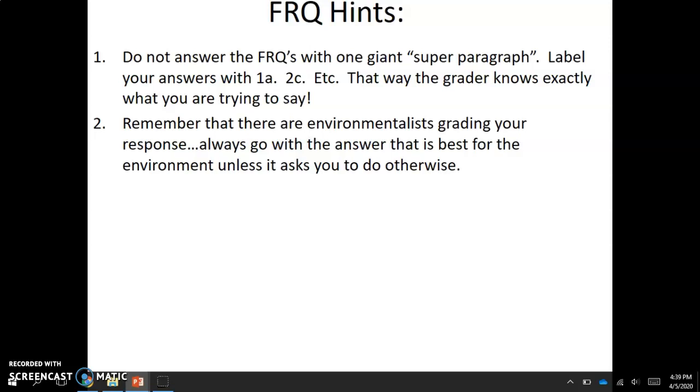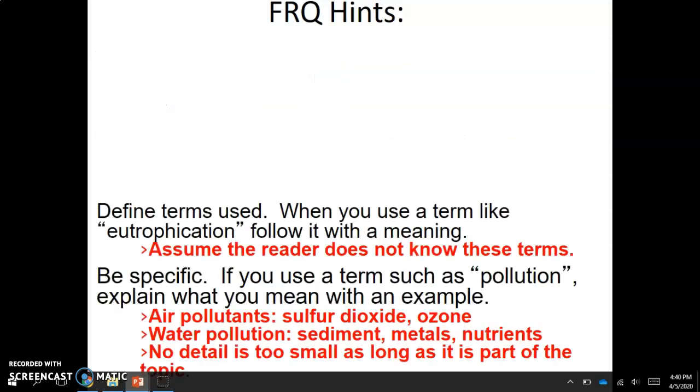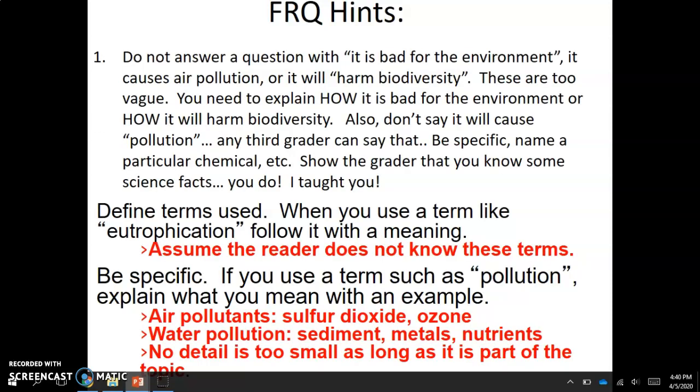Remember that the people that are going to be grading this are environmentalists. They're environmental teachers. They are all AP teachers. So go with the answer that's best for the environment unless it asks you to do otherwise. Don't answer a question vaguely, okay? So don't say, oh, it's bad for the environment or it's going to harm biodiversity. Those are too vague. You have to give specific examples, okay?